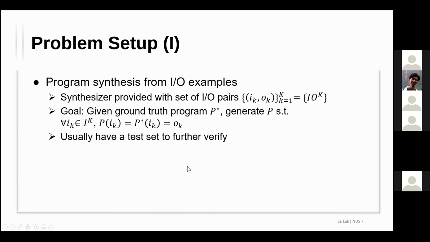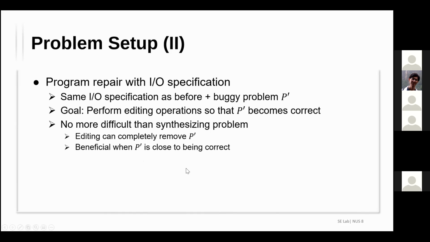Okay, then the second problem that we are trying to solve, because this paper also emphasizes the debugging side of things, is whether we can repair the program given the IO specification. The IO specification is the same as before, which is that we have pairs of input and output.